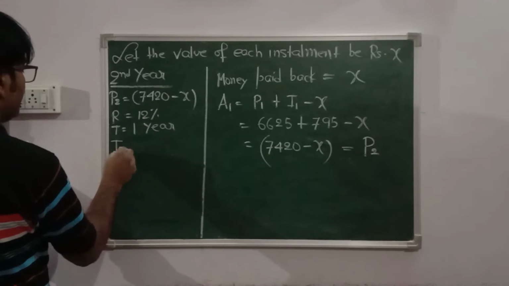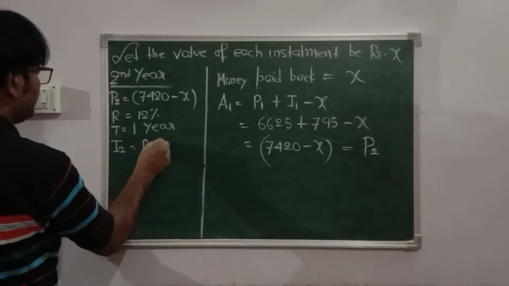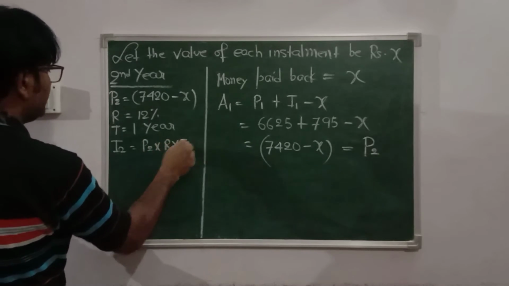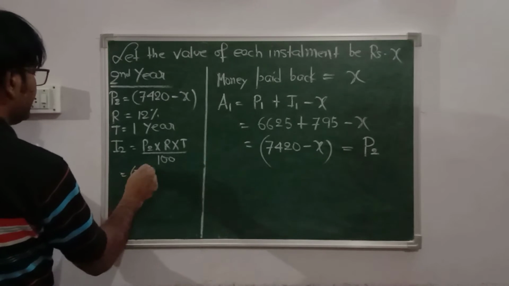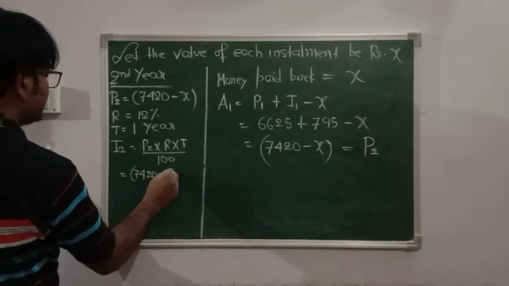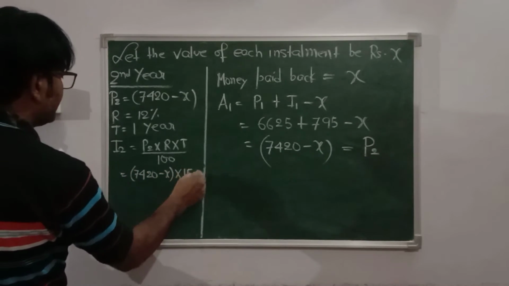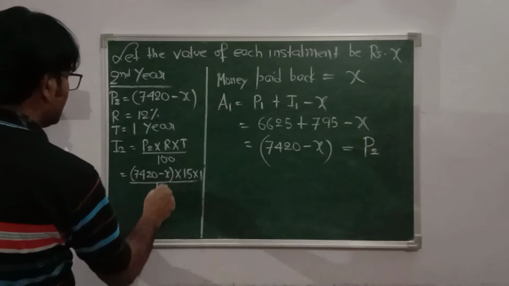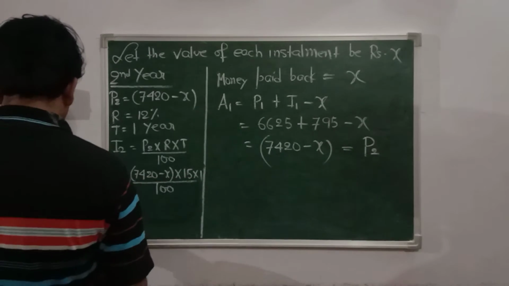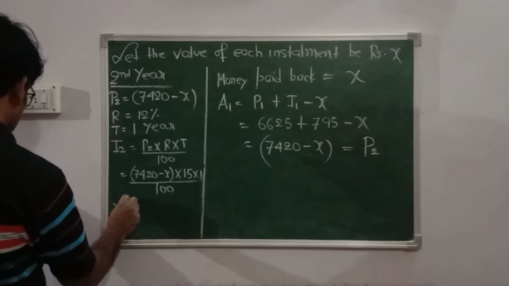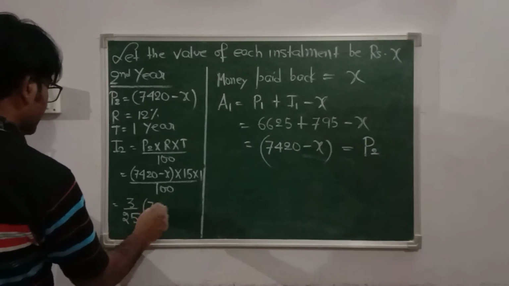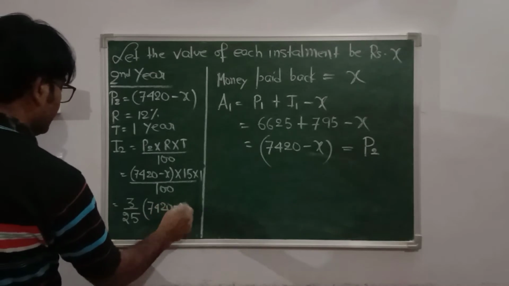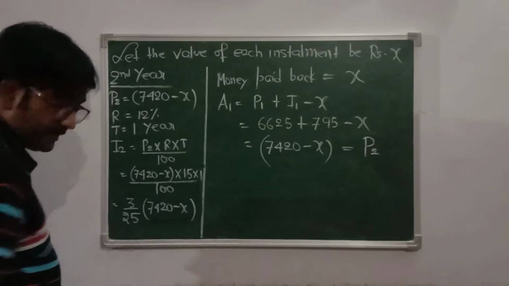So I2 is P2 into R into T by 100, that is 7420 minus X, into 12 into 1 by 100. So it is coming to 3 by 25. If you simplify, you get this, 3 by 25 into 7420 minus x.